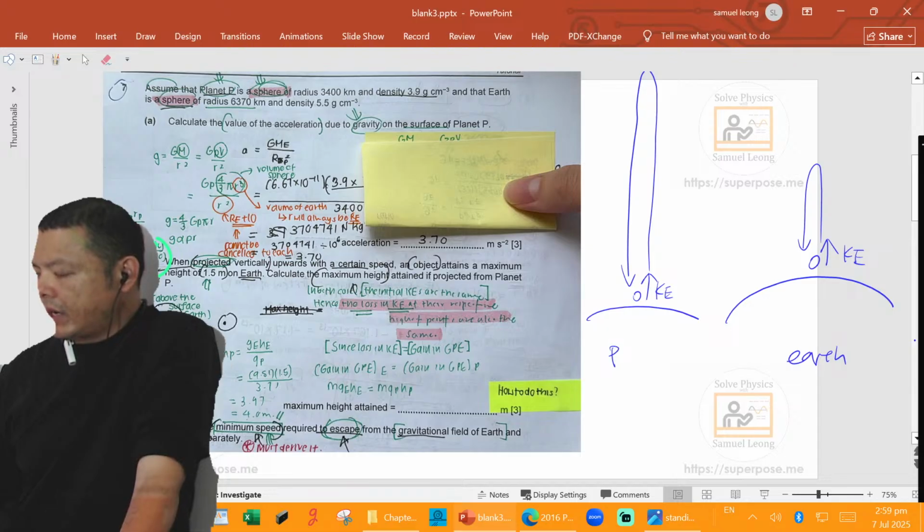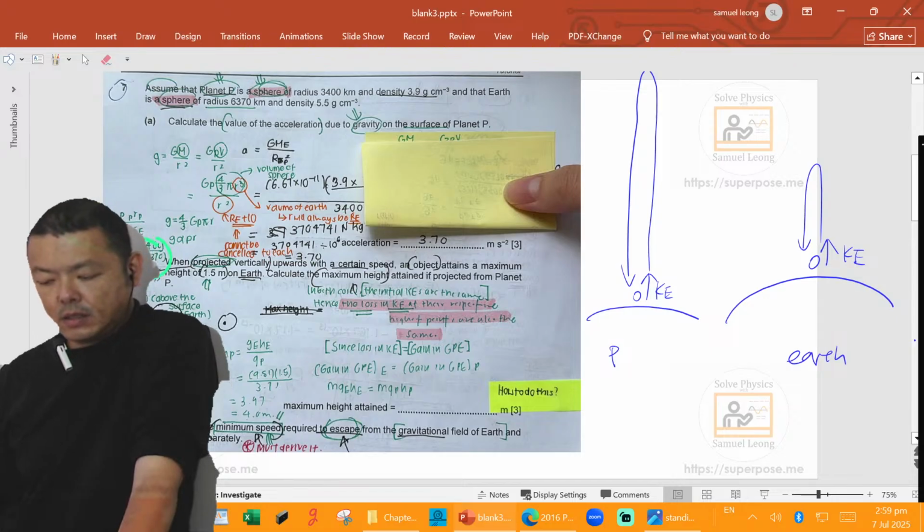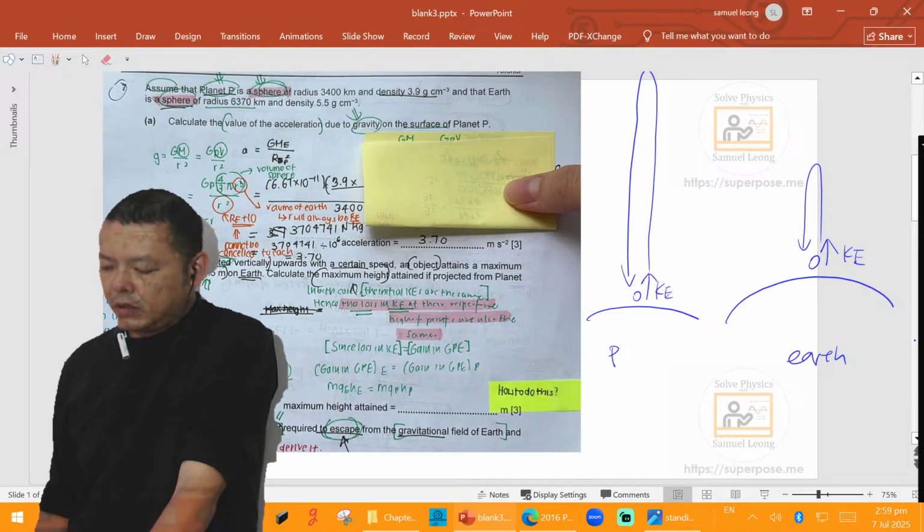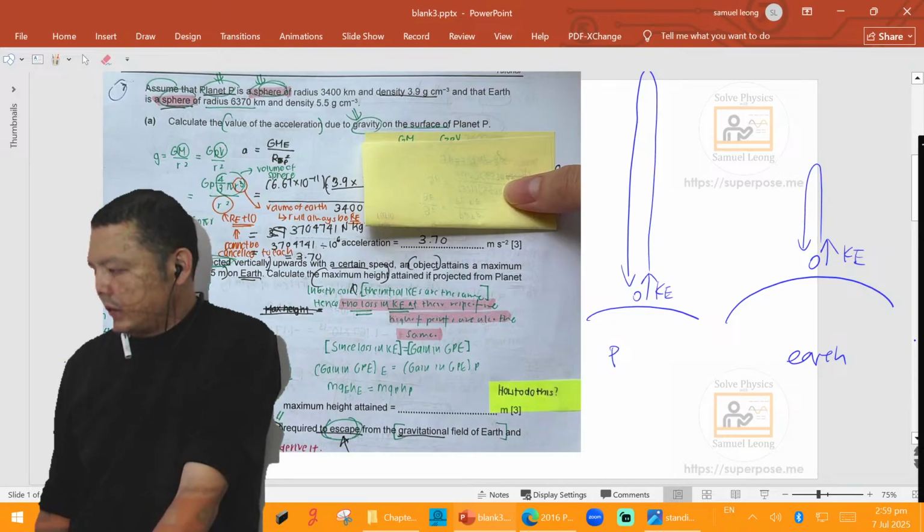Is that what you're having trouble understanding? Why would it be higher? Okay. Does me saying that it has less gravity help?